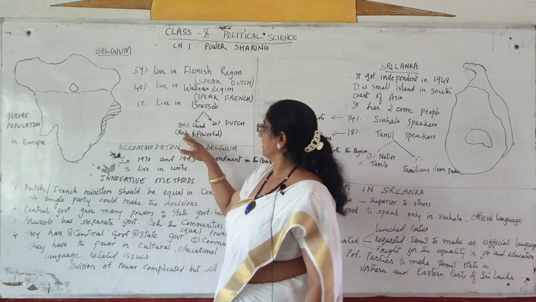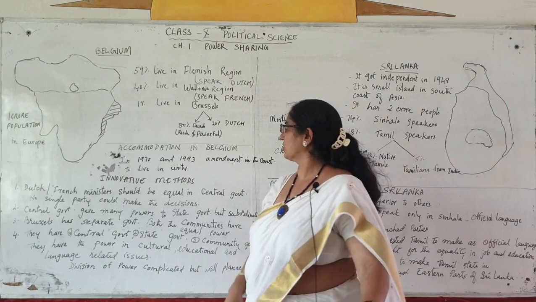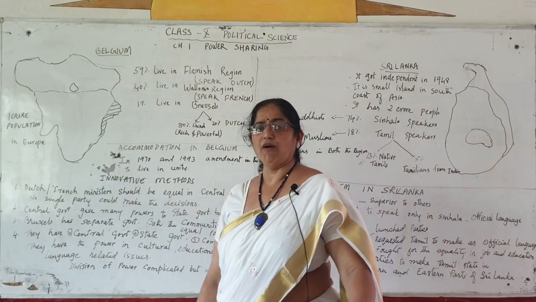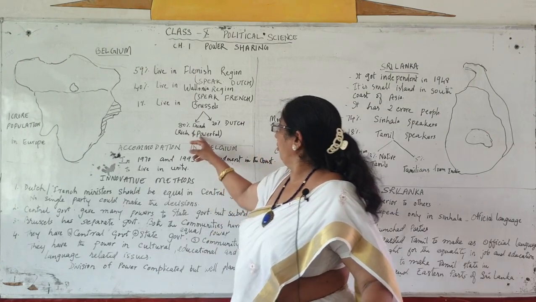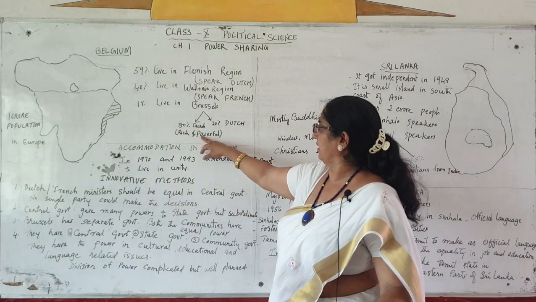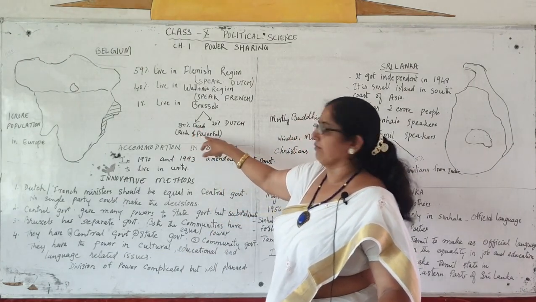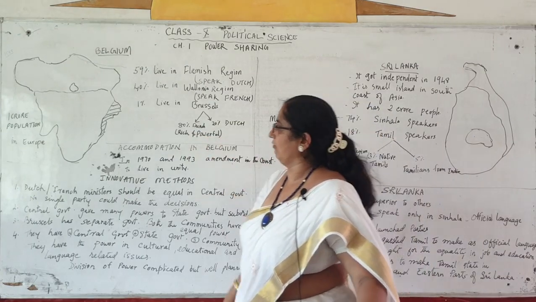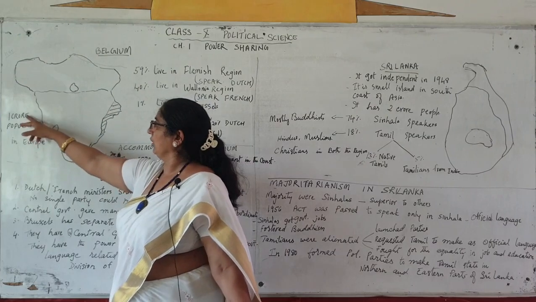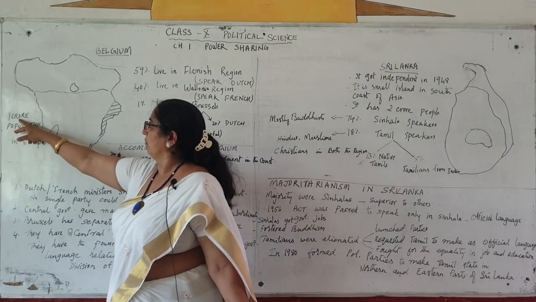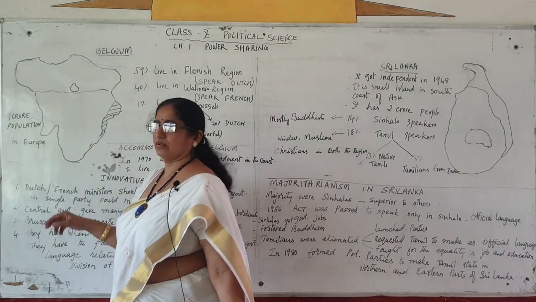In Brussels, people were very rich as well as very powerful. जितना ज़्यादा power किसका हाथ में था? फ्रेंच लोगों में था. So that is why they were rich and powerful. पूरा देश में कितने लोग रहते थे? More than 1 crore.